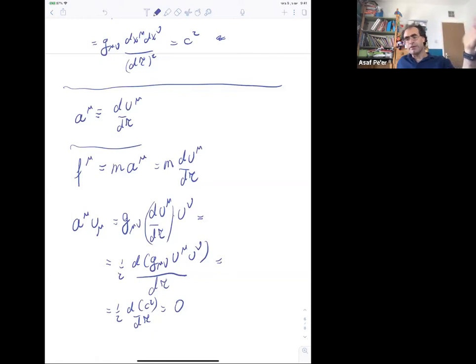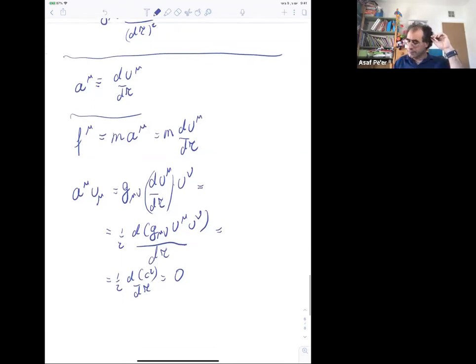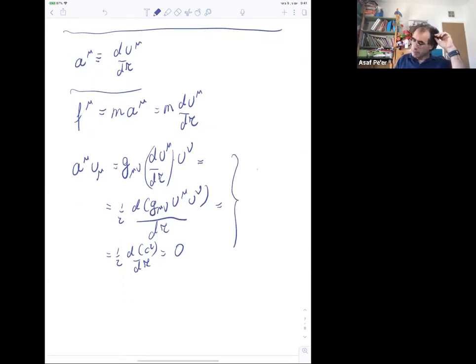It is dependent on the other 3 components, so that it conspires to end up with this vector being exactly perpendicular to the four-velocity. One of these mysteries of working in Minkowski space.